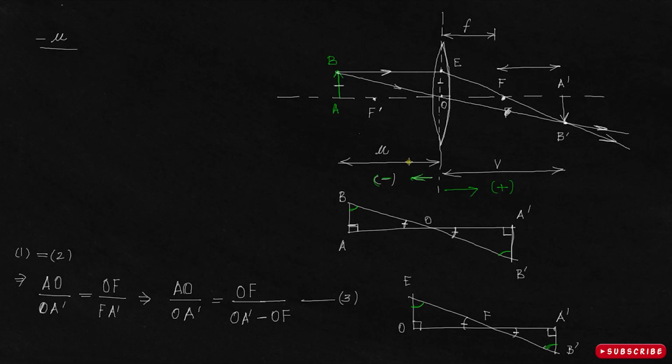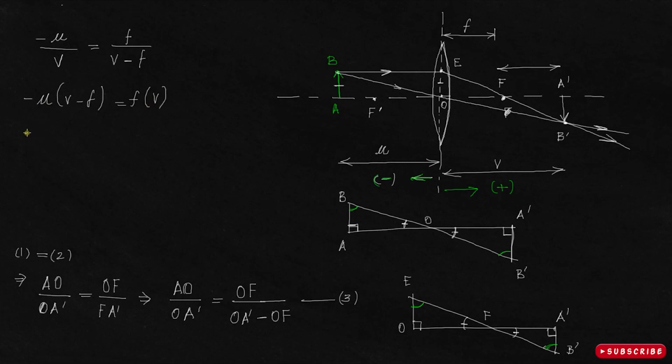Divided by OA dash, which is actually V, that is on the right hand side, so I can take that as positive, equal to OF, which is F, that is also on the right, by OA dash which is again V minus OF, that is F. Now I can simplify this equation. Let me cross multiply, that is U into V minus F is equal to F into V.